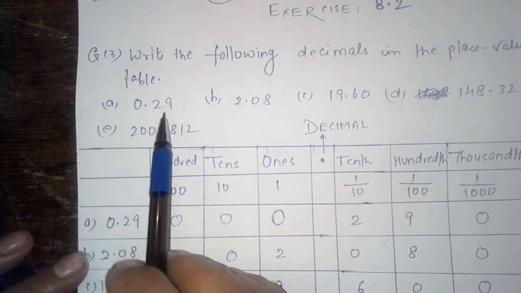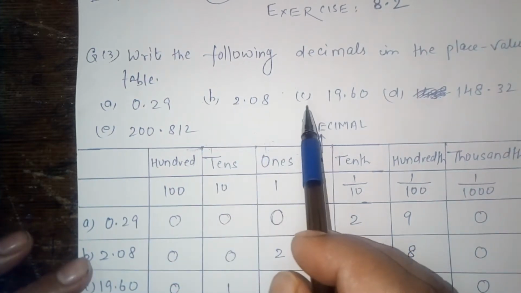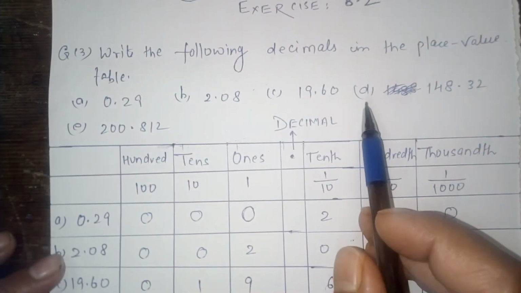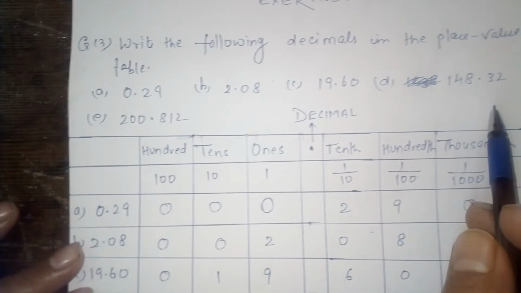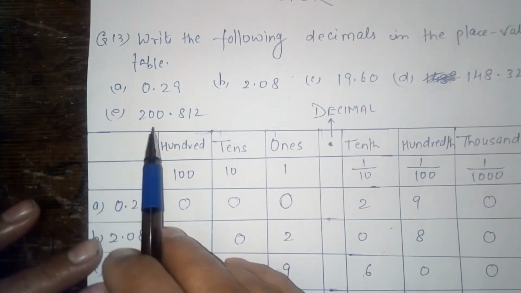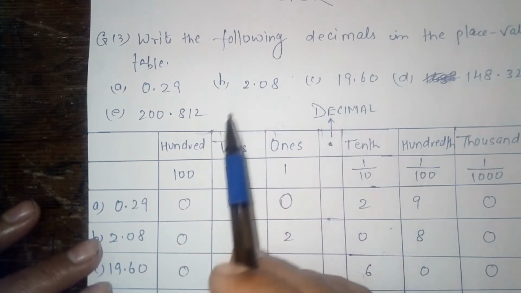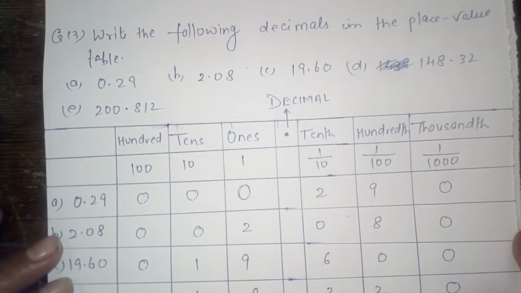A 0.29, B 2.08, C 19.60, D 148.32, E 200.812. For this type of question, I made one place value table.